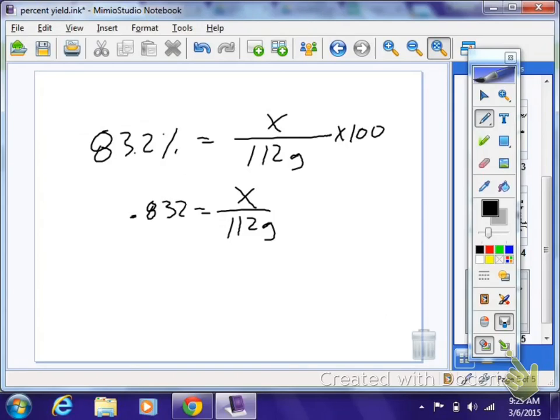So it's like a setup we did earlier on 28b. So we go ahead and do the calculation, and we get an answer out that is 93.2 grams. So the actual is equal to 93.2 grams.